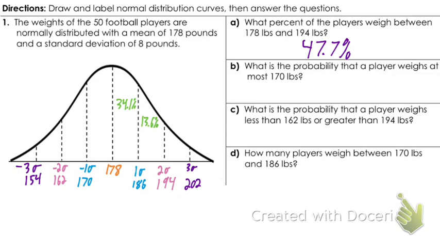So we add up the 0.1%, the 2.2%, and the 13.6%. And what do we end up getting? 15.9%. So what's the probability that a player weighs at most 170? 15.9%. Pretty low. Most of the football players in this example are going to be heavier than that.